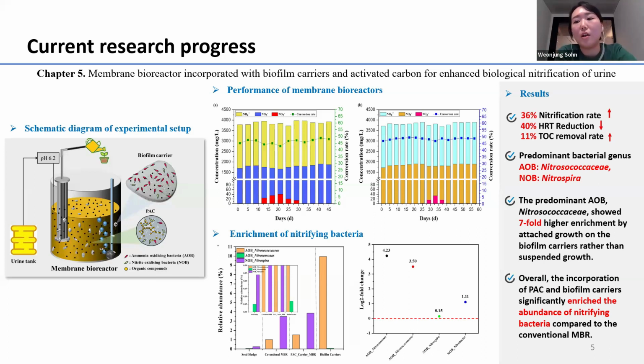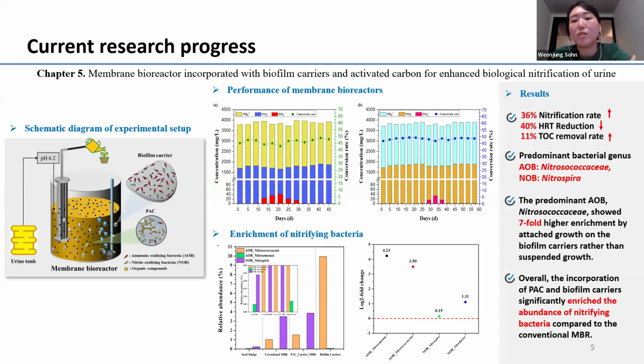In the normal wastewater treatment plants, MBR sludge, the common AOB is Nitrosomonas and maybe other Nitrosococcus, and the common NOB genera are Nitrospira or Nitrobacter. But from my nitrifying bacteria analysis, the AOB was Nitrosococcaceae, which is quite rare, and the NOB was Nitrospira.